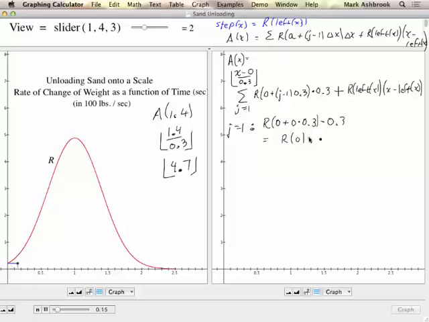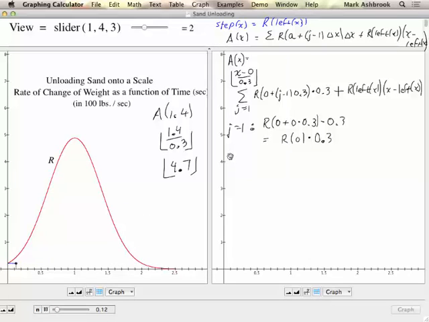Now, if we look back at the rate graph being formed, when j equals 1, what did this just do? It just did that rate times the interval, k delta x. You see, r of 0 times 0.3 gives us that little bit of accumulation for that step. There it is, r of 0 times 0.3.